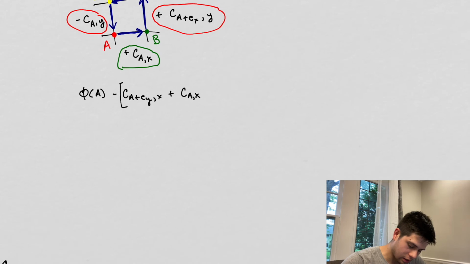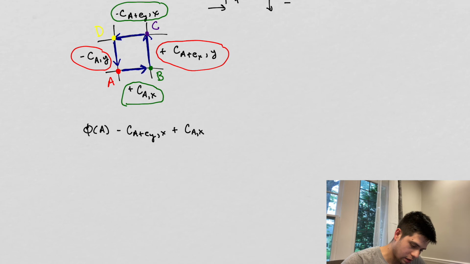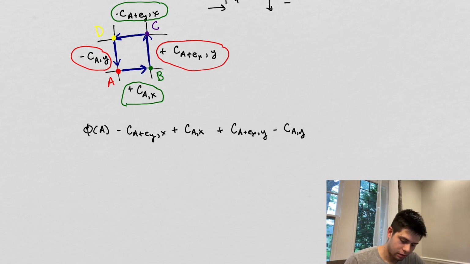And then actually I'll get rid of the brackets really quick. And then we're going to have plus CA plus EX y minus CA y, like that.